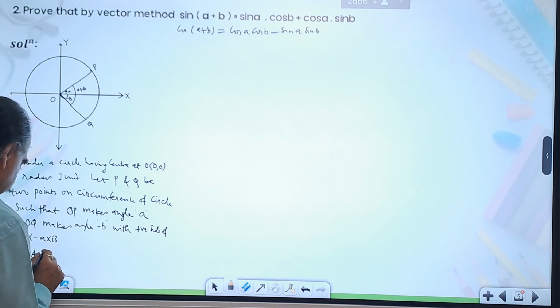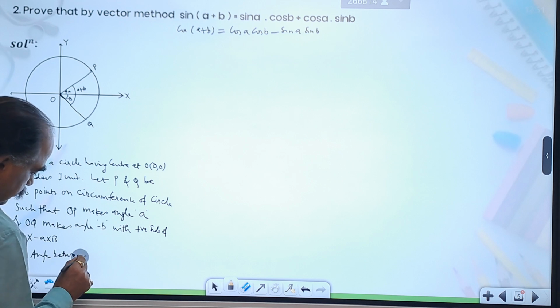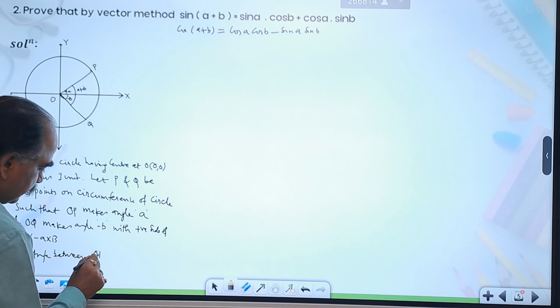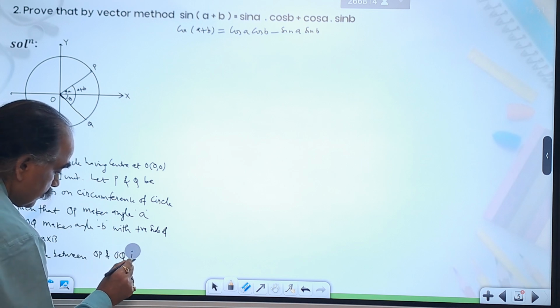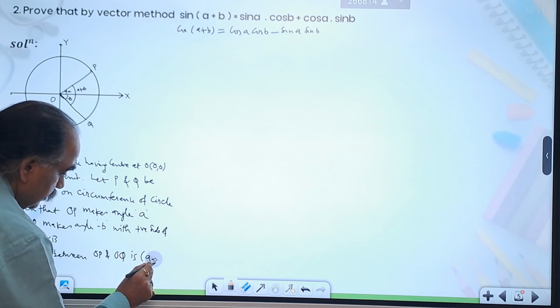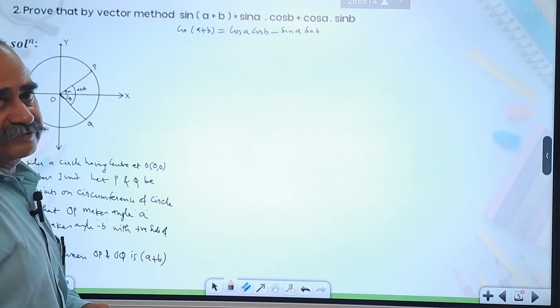Therefore, the angle between OP and OQ is A plus B. This minus sign indicates it is what? Clockwise.